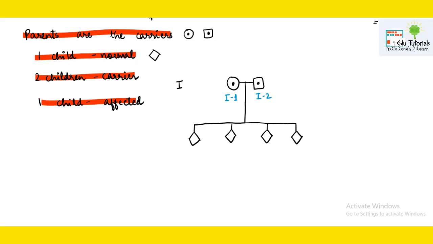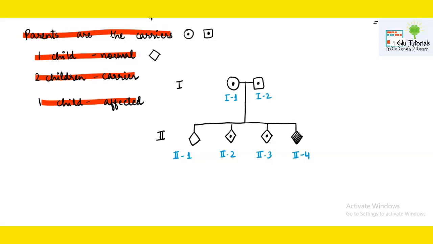Now the first one is normal, we are not using anything for it, but the next 2 children are the carriers. That is why we will be making a dot inside, and the last individual is the affected one. That is why we have colored it. So this signifies our generation number 2, and this is the first individual of generation 2. This is the second, this is the third, and this is the fourth.